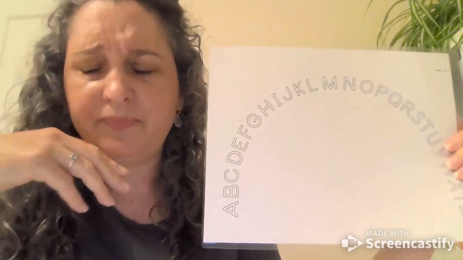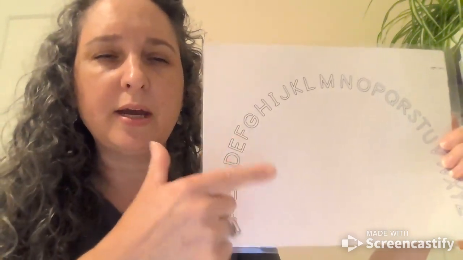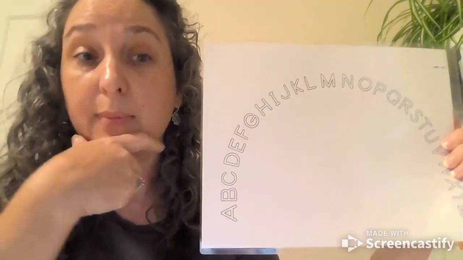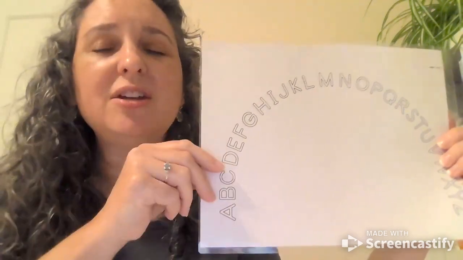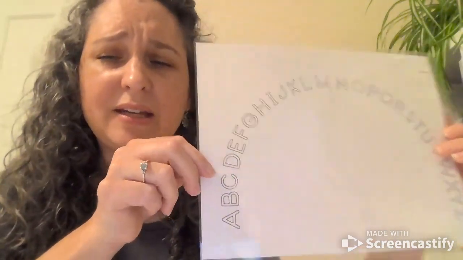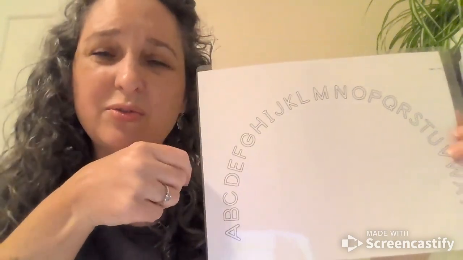Every now and then, maybe once every few weeks, I might put in an alphabet arc with uppercase letters, or ask them to write the uppercase and the lowercase, just to make sure they're really solid. It's difficult for kids in middle school who don't know some of their uppercase letters. So we can do that.